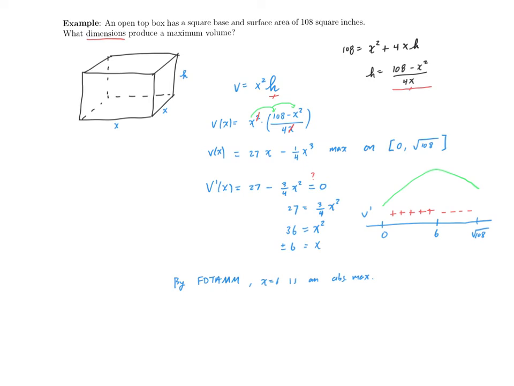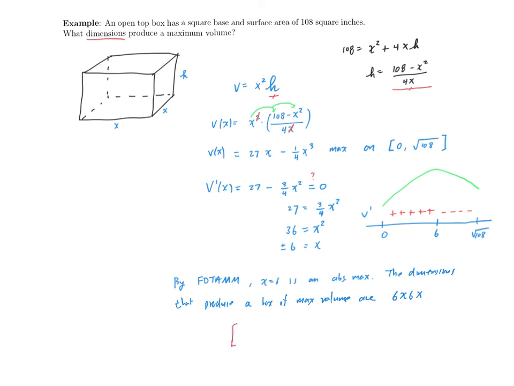So the dimensions, just to put this into a sentence, the dimensions that produce a box of maximum volume are 6 by 6 by something, where that something is determined as follows.